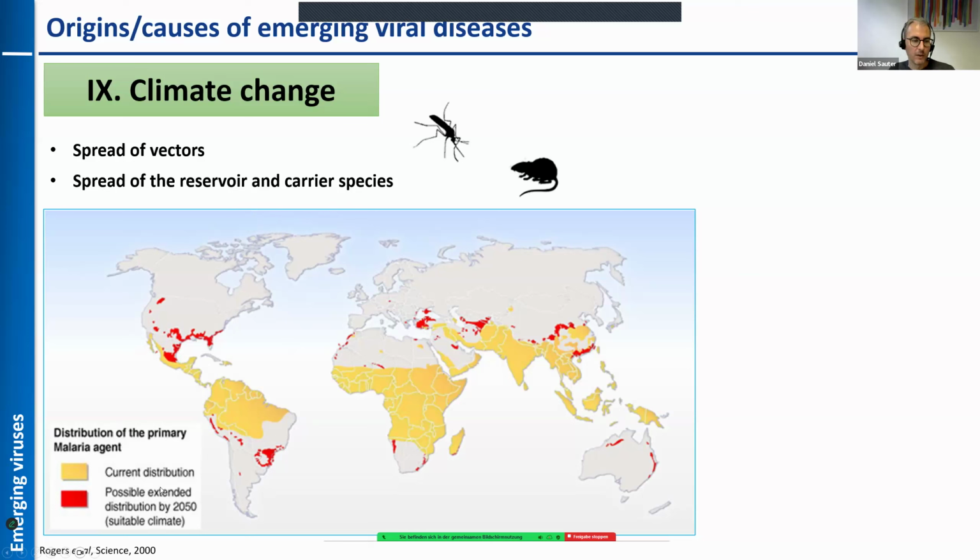And you can see that it's predicted to spread to regions of the US, for example, but also Turkey or Central Asia, Australia, suggesting that in the future, not only the malaria vector, but also potentially malaria itself may occur in these areas.